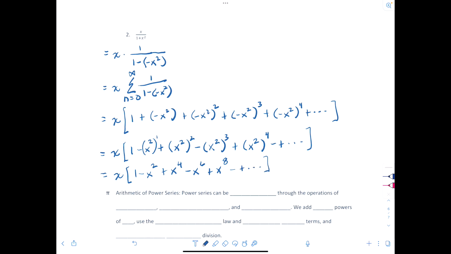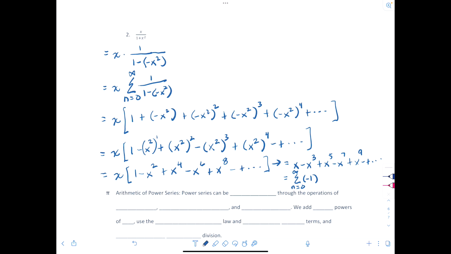When I bring that x in, I will then have x minus x cubed plus x to the 5th minus x to the 7th plus x to the 9th minus plus dot dot dot. And that is going to give me the summation as n goes from 0 to infinity of negative 1.